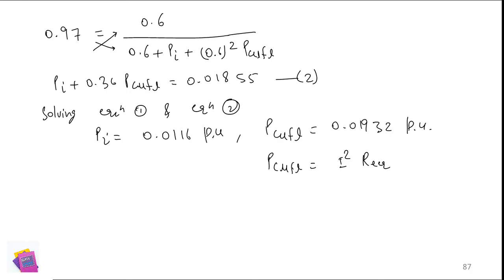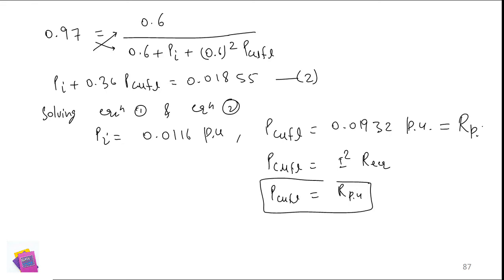At full load it means I is 1, so directly you can say it is equal to R per unit. Earlier also I told you about this concept. So R per unit is directly given by the P copper full load loss, equal to 0.0132 in per unit. Keep that in mind.